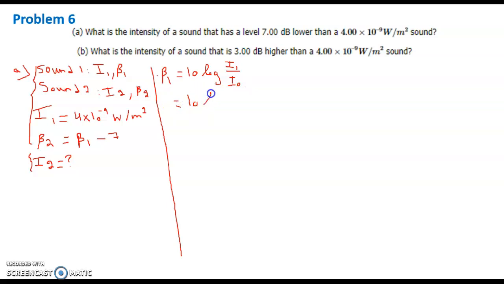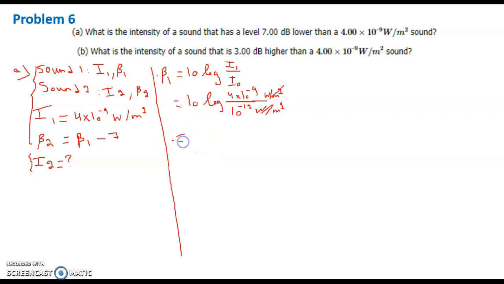So it's 10 log of 4 times 10 power minus 9 watts per meter squared over 10 power minus 12 watt per meter squared. Of course now this ratio becomes unitless. Watt per meter squared over watt per meter squared cancels.